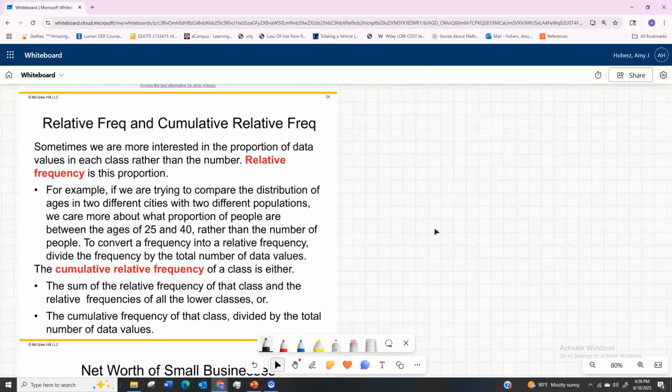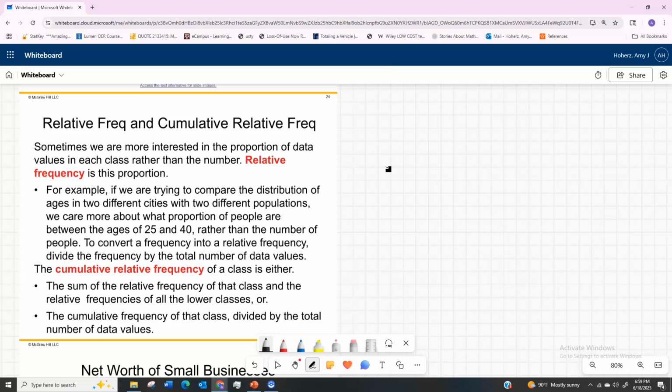The next thing we're going to talk about is relative frequency and cumulative relative frequency. So sometimes, as we mentioned, we're more interested in the proportion of the data rather than the actual number.